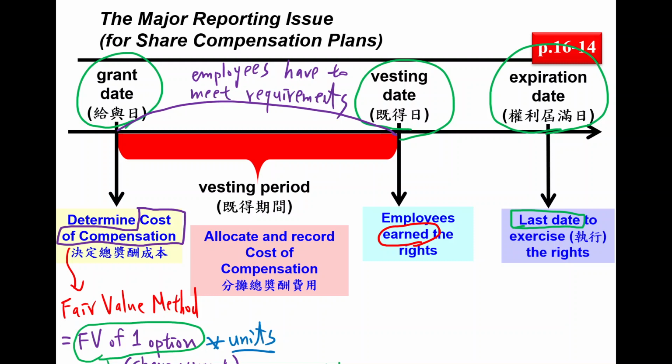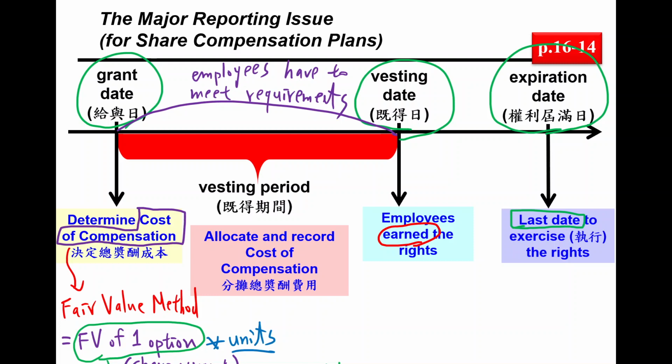Finally, we find out the total cost of compensation. But remember, what makes you have this kind of cost? What reason makes your company incur the cost of compensation? The reason is the vesting period.